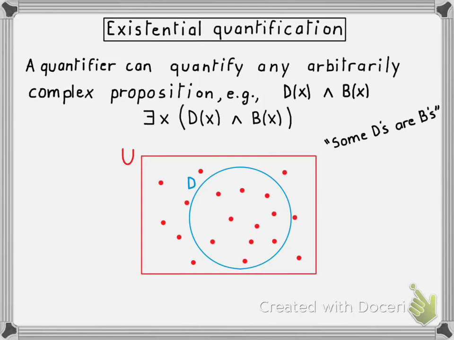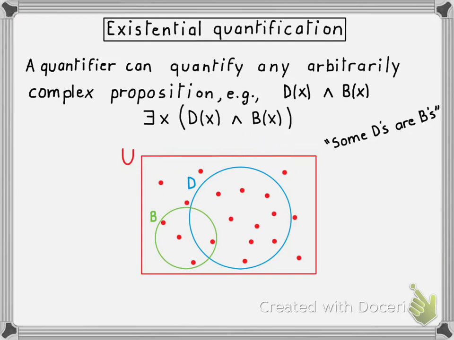Well, according to this proposition, it must be the case that one of the elements of B is also in D. In other words, the intersection between the sets B and D cannot be empty. Here is one way of drawing that. Here is the intersection of B and D where this element belongs to both. And that is the most general way of drawing the pictorial representation for this proposition.